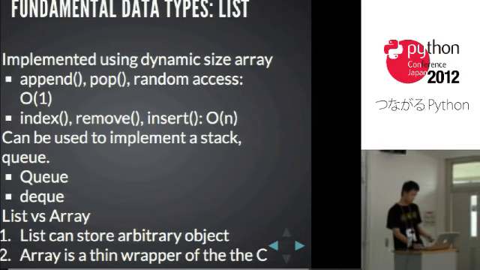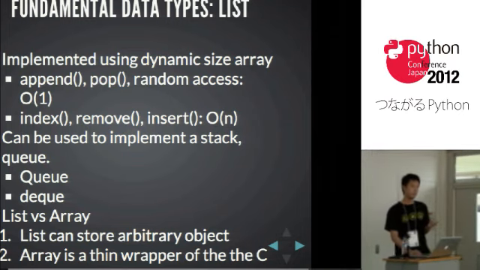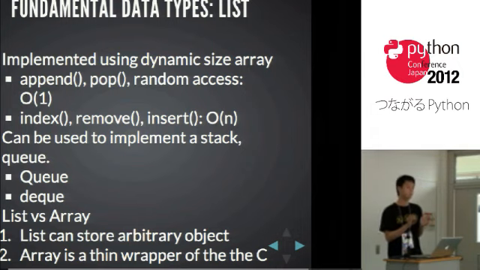But the advantage of using an array is that memory can be used more efficiently, because it basically stores data in a continuous block. But performance-wise, I have tested both, and I think there's not much real advantage gained by using array compared to list. So using list is, I think, better because it's more flexible.